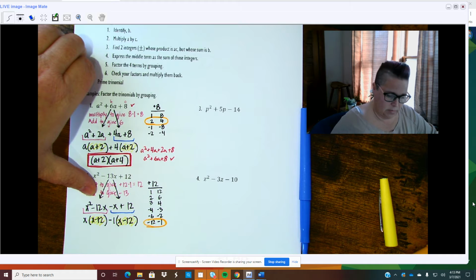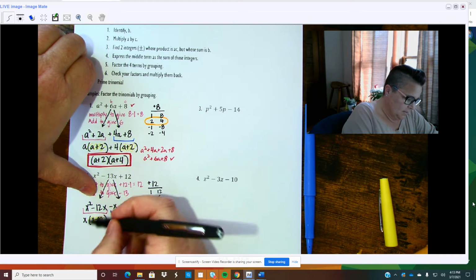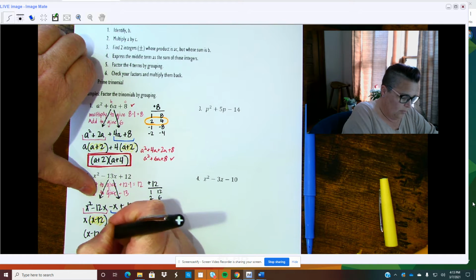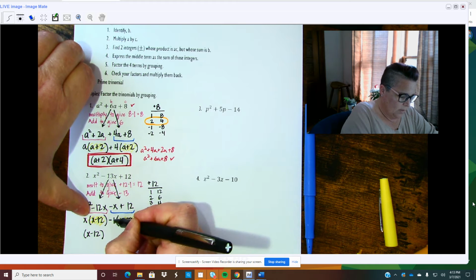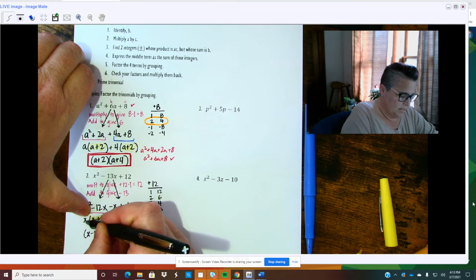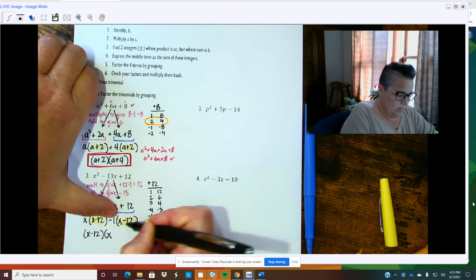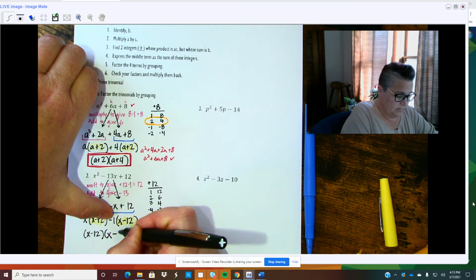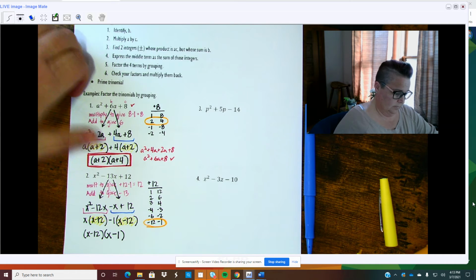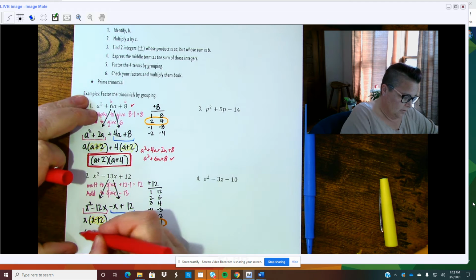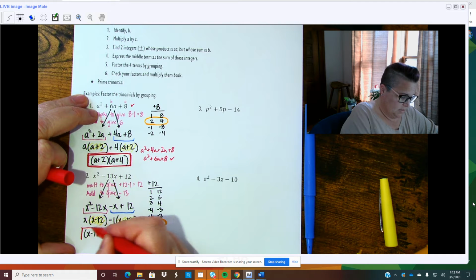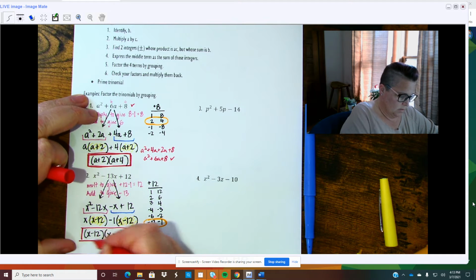And it is the same in both of them. So I can pull that x minus 12 up front, and I'm left with, when I pull an x minus 12 out of this, I'm left with an x. When I pull an x minus 12 out of this, I'm left with a 1. And so in factored form, this is x minus 12, x minus 1.